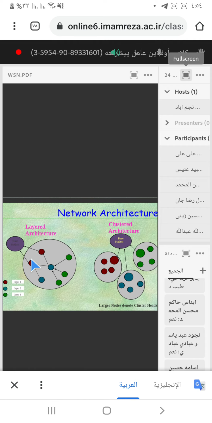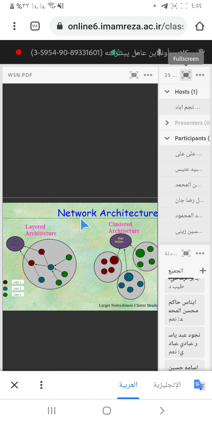So for example, the red nodes are grouped in one layer, one hop layer. The blue ones are grouped into a 2 hop layer, and the green ones are grouped into a 3 hop layer.